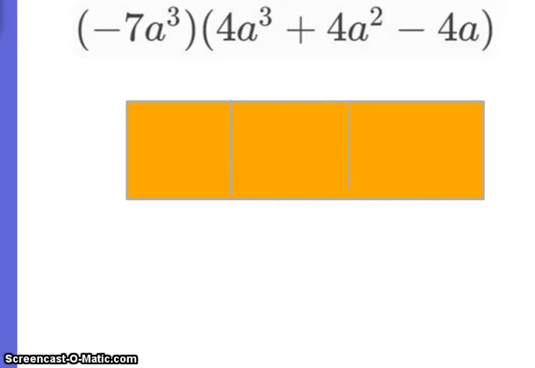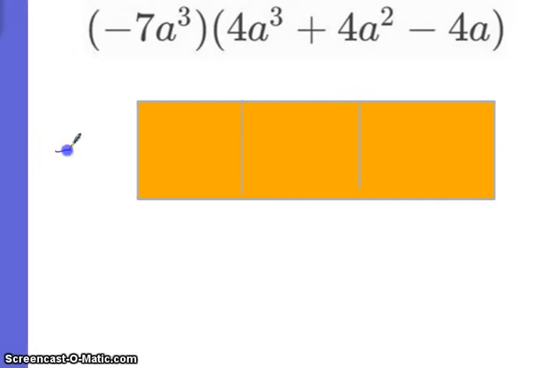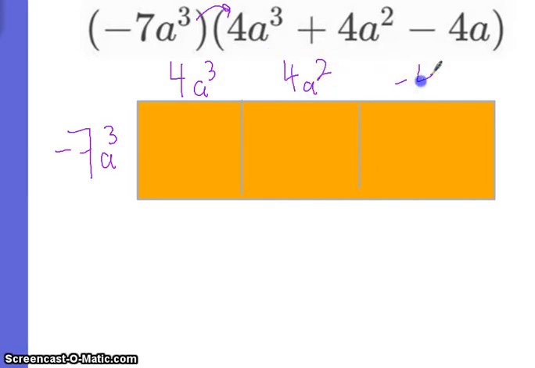All right, and there we go. I've set it up so that I can put my monomial on the outside, negative 7a to the 3rd, that I'm simply distributing to all these things. But it's nice to have a box because I don't have any choice but to multiply now.